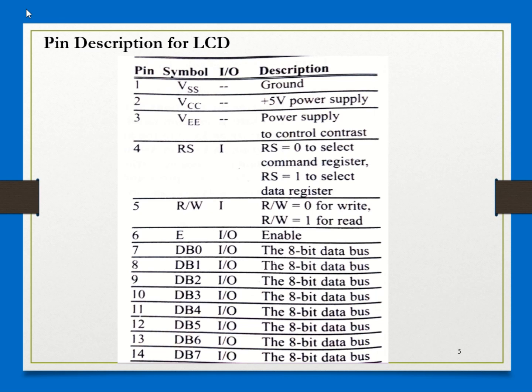If you want that information or the data to be latched or taken, then you have to send a high to low pulse to this enable pin. That means what operation is it? It is a write operation. You have sent some information via these data lines to the LCD. If you want the LCD to receive that, then you have to send a high to low pulse to this pin E.